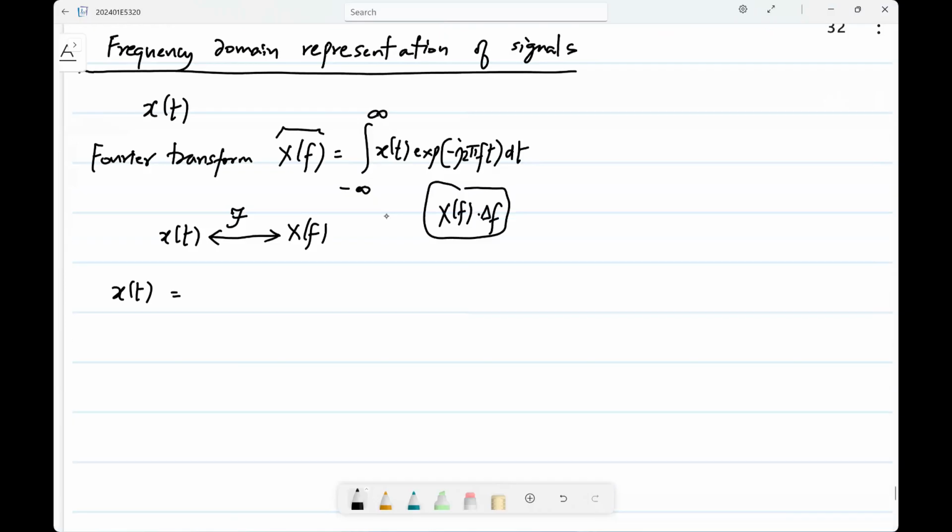So basically x of t is summing this thing. X of f delta f represents a signal, a complex exponential of frequency f. So if you sum over all frequencies, you will get the time domain signal.